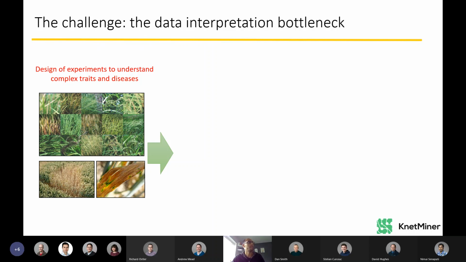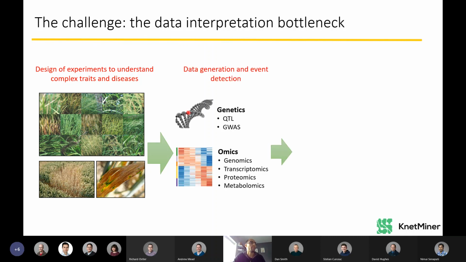To do that, they design experiments to try to narrow down the genes and gene networks that are often controlling many of these complex traits. The experiments they design fall into two categories: genetics, for example, QTL studies or genome-wide association studies, and the other range of experiments are, I call it omics studies, so covering genomics, transcriptomics, proteomics, metabolomics.